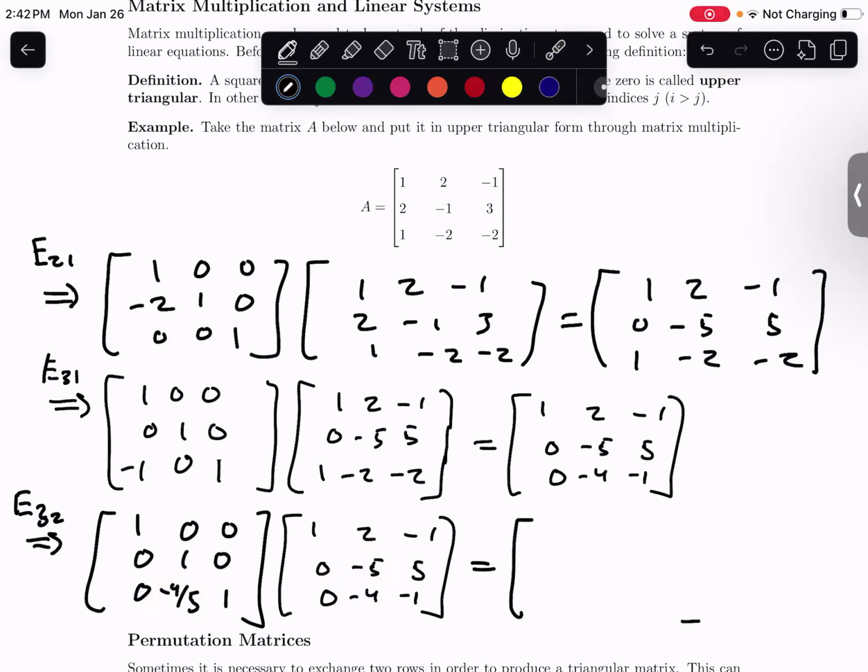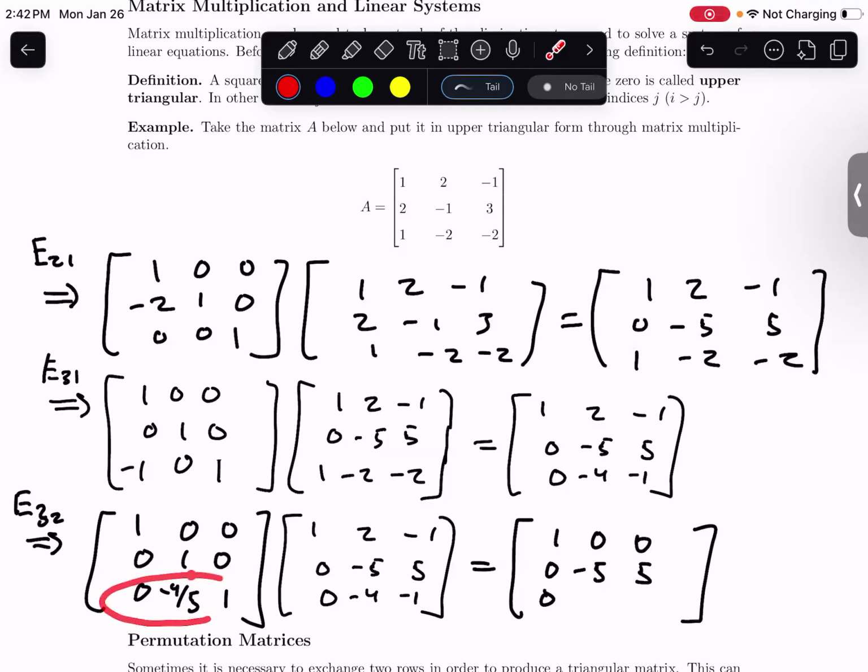Now when you perform the matrix multiplication, only the third row changes. So the first 2 rows stay the exact same. And then this is still going to be 0. To get the 3-2 entry, you do the dot product of the third row with the second column.